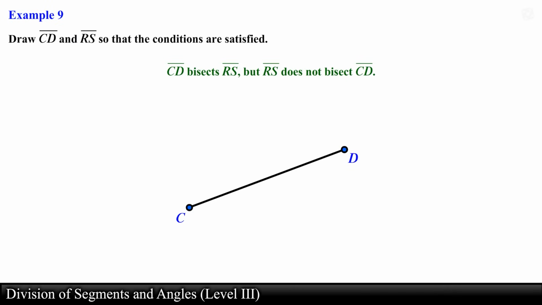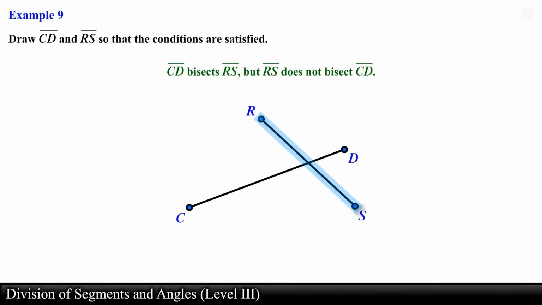Let's take a look at the final example. Segment CD bisects segment RS, but segment RS does not bisect segment CD. Just like the previous two problems, let's draw two line segments, making sure that segment CD intersects segment RS around its midpoint, as follows.